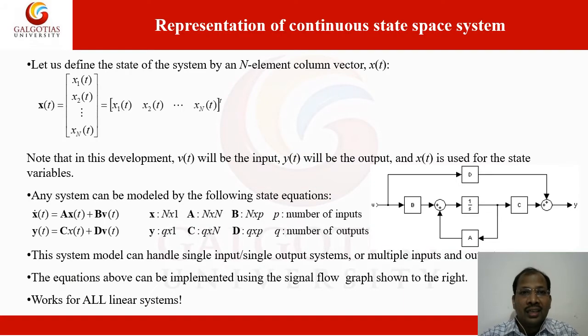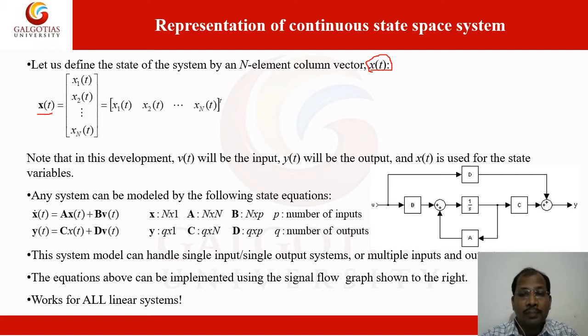Let us define the state of the system by an n-element vector represented by small x(t). This x(t) is known as the state vector, or state value, of the system in continuous domain. Suppose x(t) is the state vector having n states x1(t), x2(t), up to xn(t).